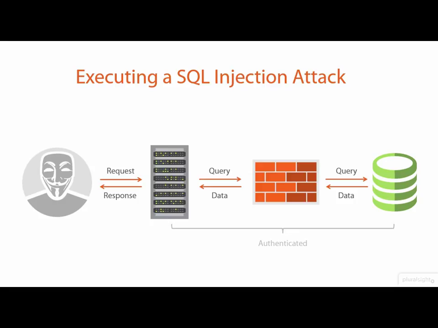So for example, there are language semantics between a database server like SQL Server and MySQL, which mean your query needs to be different. So if you're trying to mount a SQL injection attack against the database, you need to know how to query it. And it's going to change depending on the site and the technology stack they've chosen. So whilst we talk about this very generically here, the actual execution of the attack is going to change site by site.